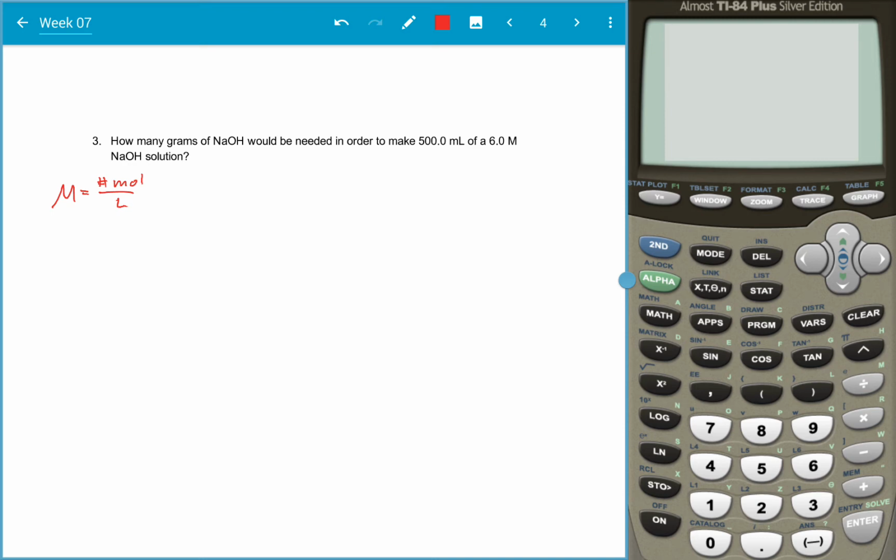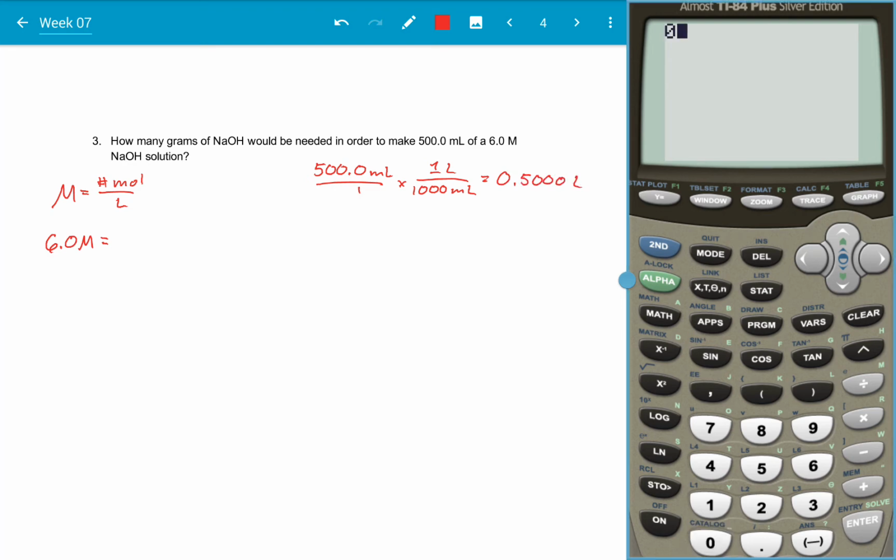So, I look for what I can plug in directly. I can plug my 6.0 molar in, but my volume's in milliliters, so I'll need to convert that. 500.0 milliliters. Well, there's 1,000 milliliters in 1 liter, so we end up with 0.5000 liters.